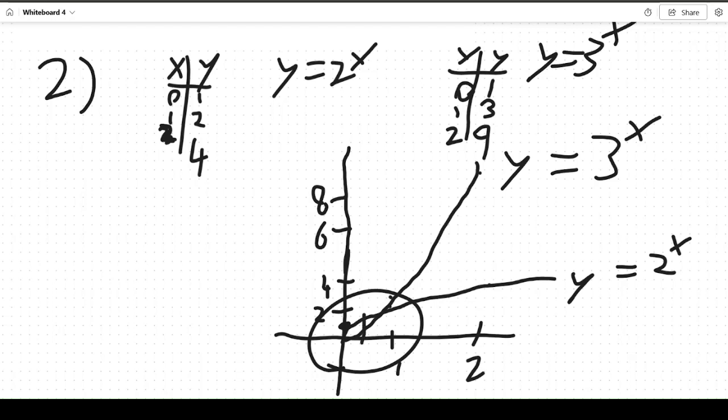So we now have everything to set up our integral. Let's try to figure this out. It's from 0 to 1, and our top function would be 2 to the power of x.